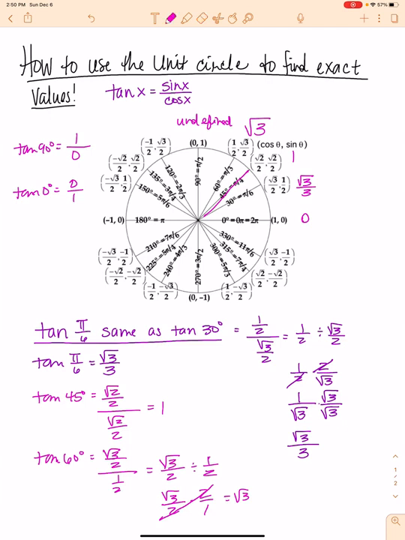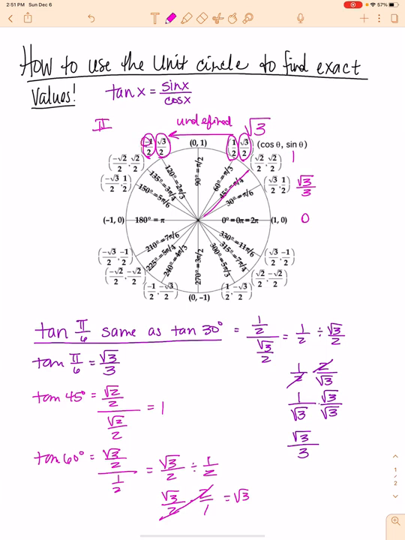All right, so these are the only values tangent is going to take on except for negatives. So when we look at quadrant 2, when we reflect this over here, see, sine over cosine will produce the same value that sine over cosine does over here.